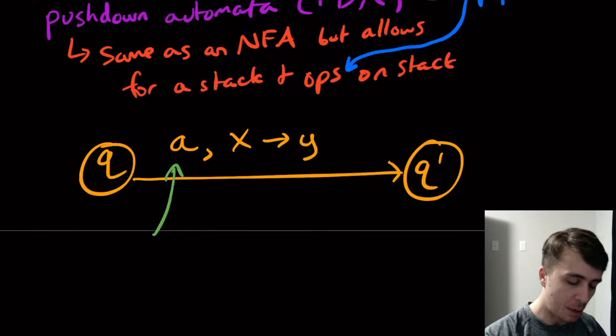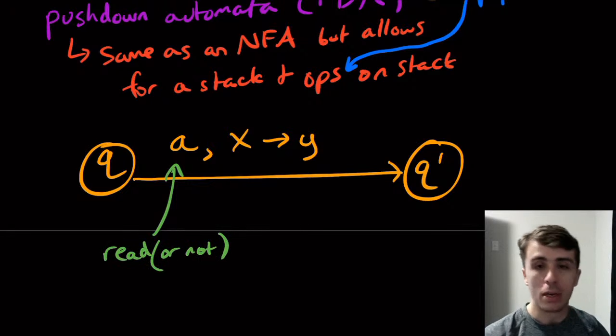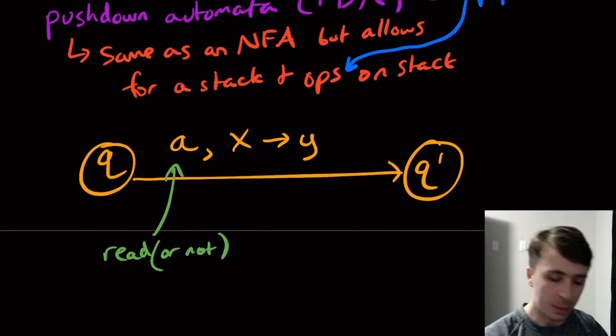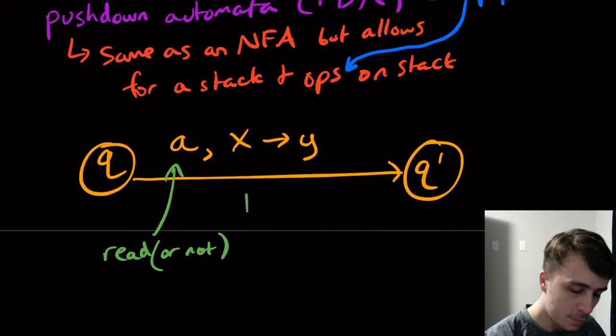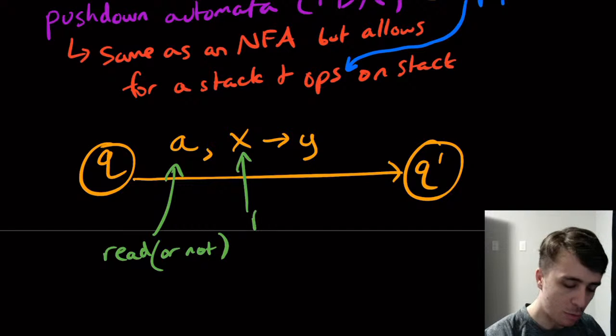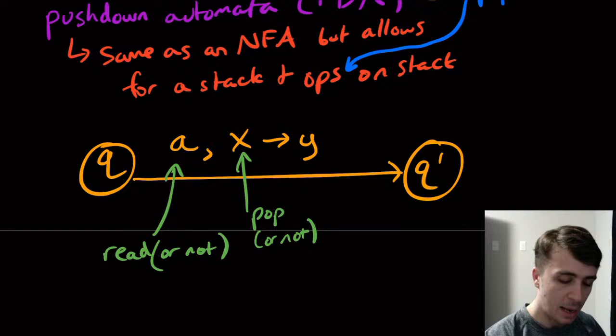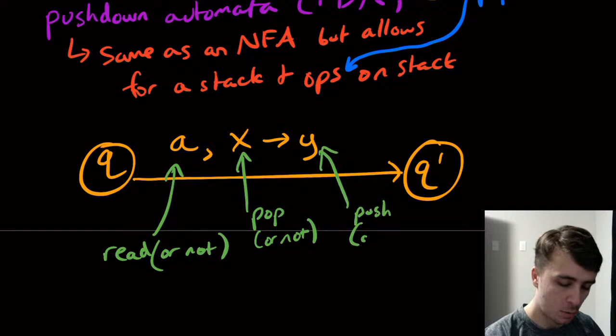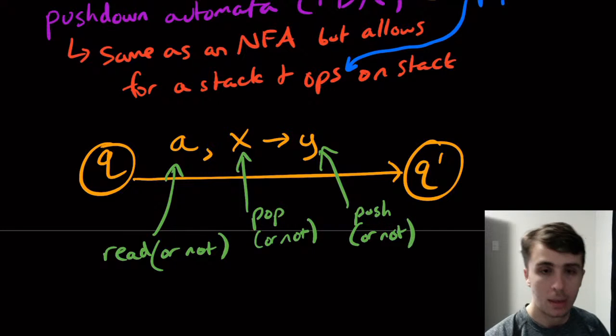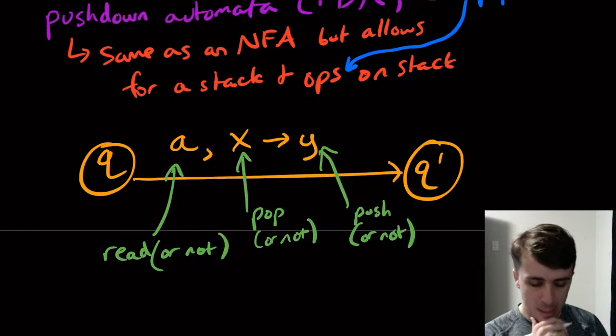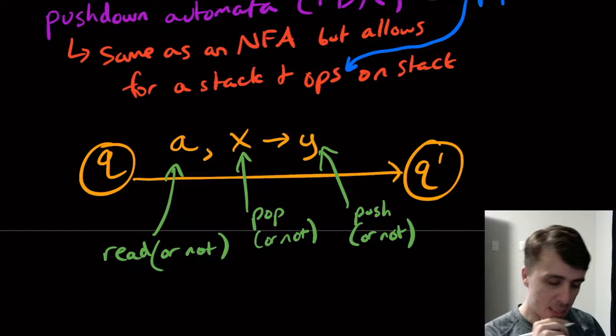This part right here is what we read or not. It could be epsilon or a single character, just like before. The X here is what we pop or not. And the Y here is what we push or not. So that's all fine and dandy.